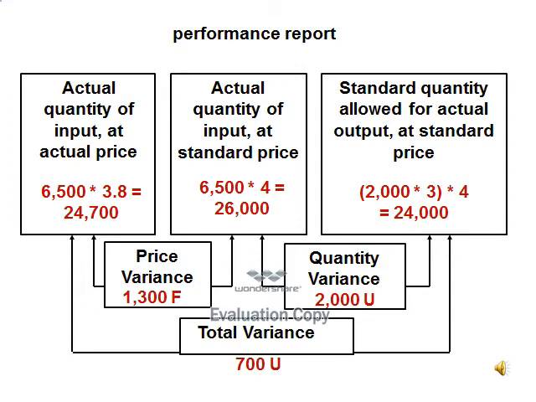Unfavorable because the actual quantity 6,500 is greater than the standard quantity allowed for actual output 6,000. To calculate total variance: 24,700 minus standard quantity allowed for actual output at standard price 24,000 equals 700 unfavorable.